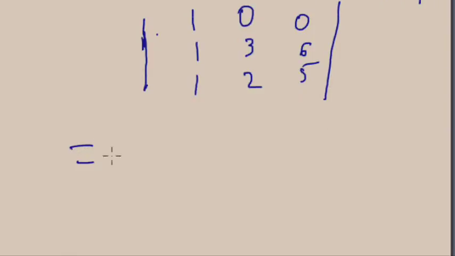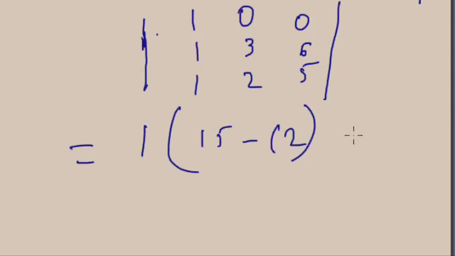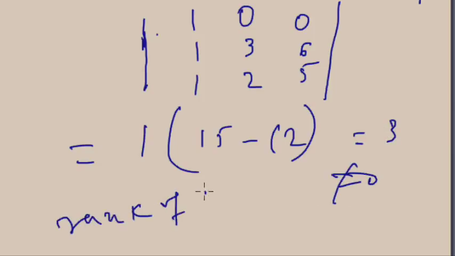So the determinant is equal to 1 into 15 minus 12, which is 3, not equal to 0. So the rank of K is equal to 3.